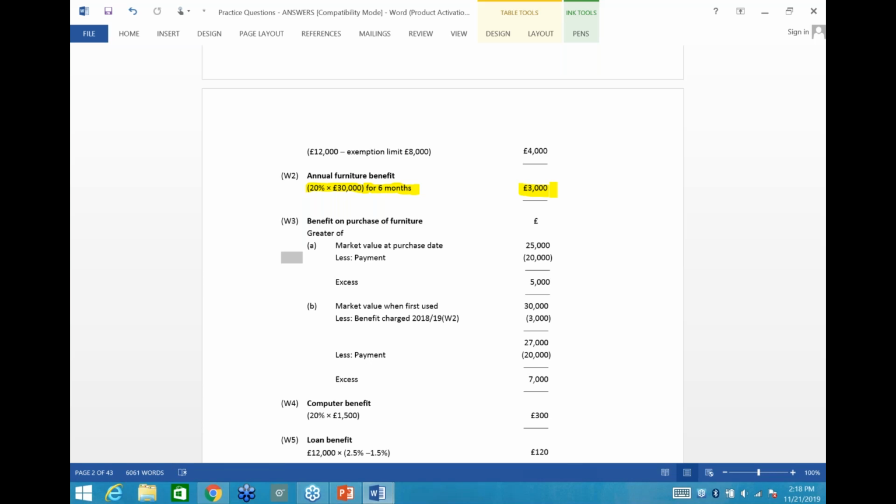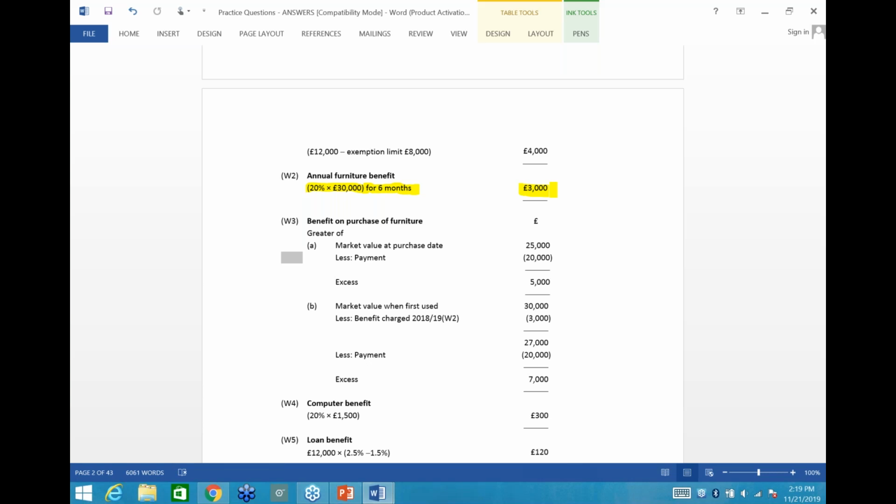Then I have been using this furniture for a period of 6 months up until 6th of October. Then what happened was on the 6th of October, Rita, the employee, purchased all this furniture at a cost of 20,000 pounds when the market value was 25,000 pounds.